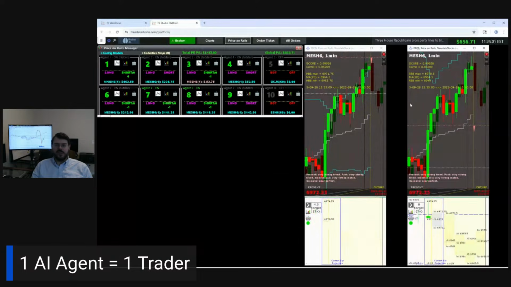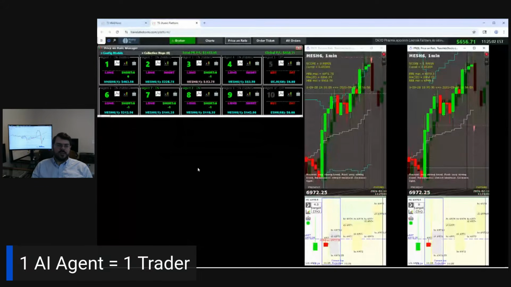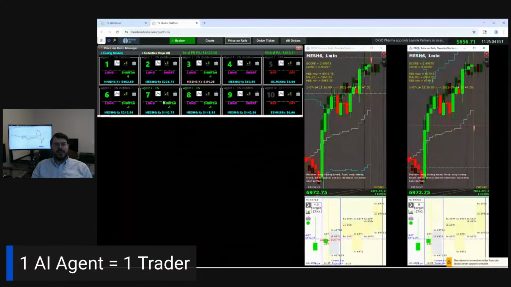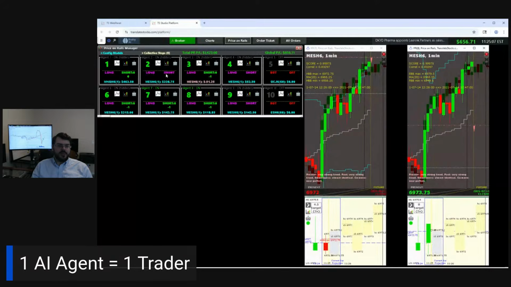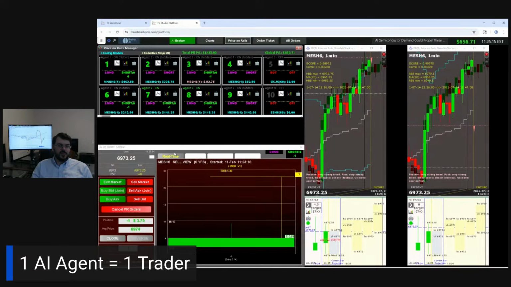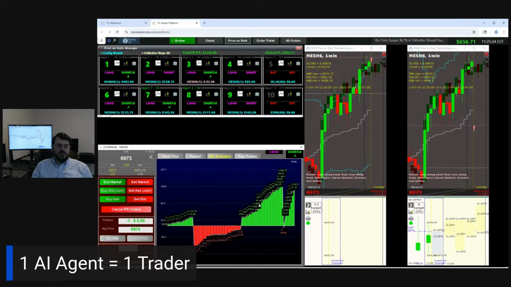So you can see that we have different entries, we have different strategies. Agent number 2 is not trading. We can see the purple long and short here. There's no position for this. And this is the P&L, the position for agent number 7, and this is the P&L evolution for agent number 7, what it's doing today.